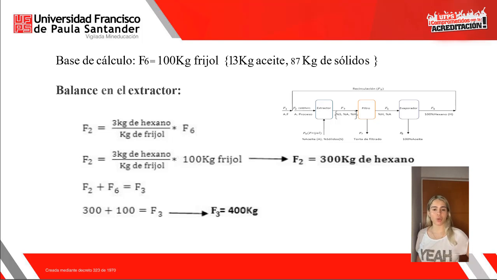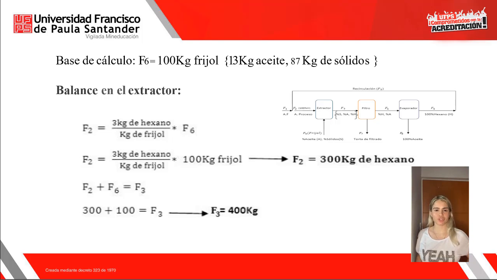After choosing our calculation base, we will make the balance for each of the units, starting with the extractor balance. F2 over F6 is equal to 3 of hexane over 4 kilograms of beans, this is our feeding ratio. We multiply it by our calculation base.